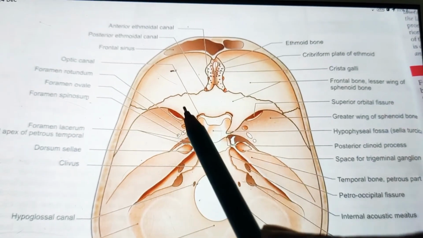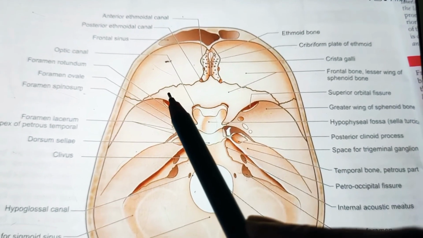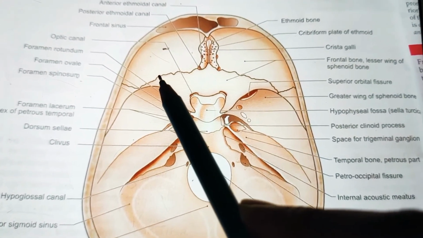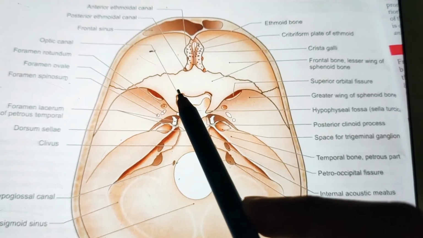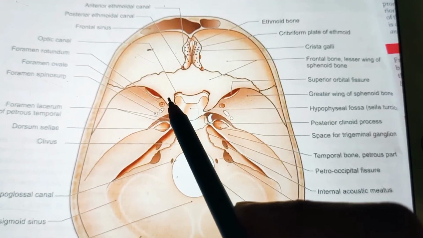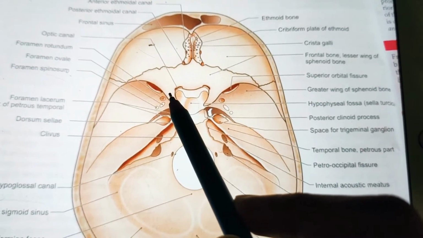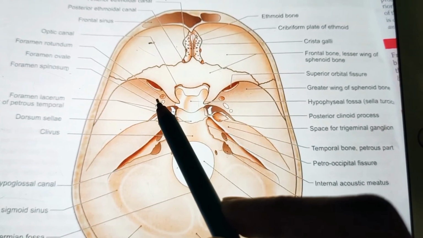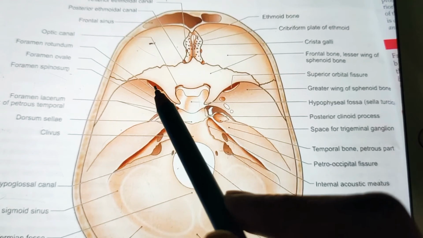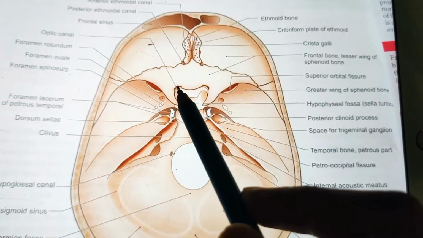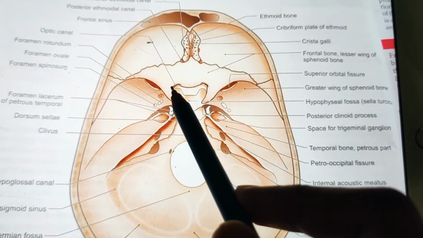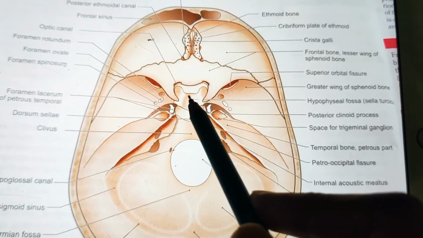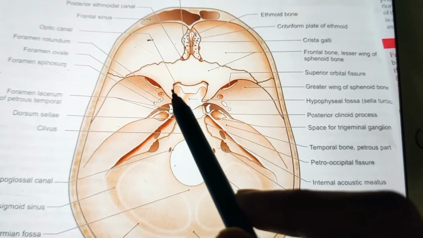You can see here it is written optic canal, which leads to the orbit. It is bounded laterally by the lesser wing of sphenoid, in front and behind by the two roots of the lesser wing, that is the anterior root and posterior root, and medially by the body of sphenoid. These are the boundaries of the optic canal.